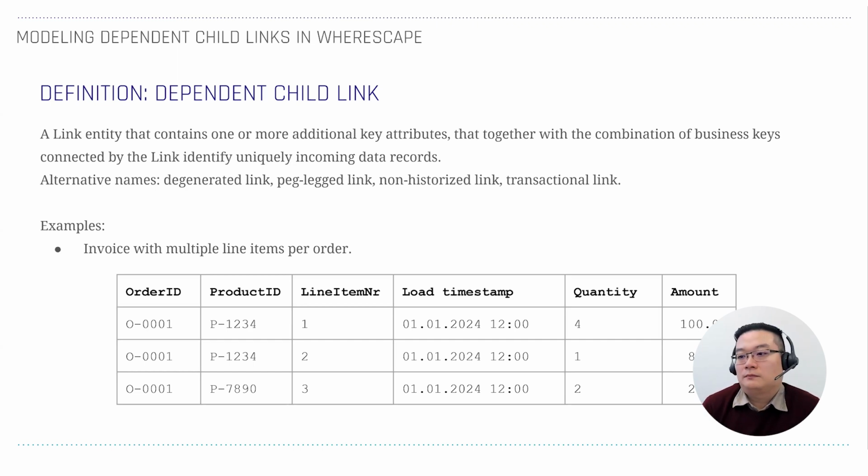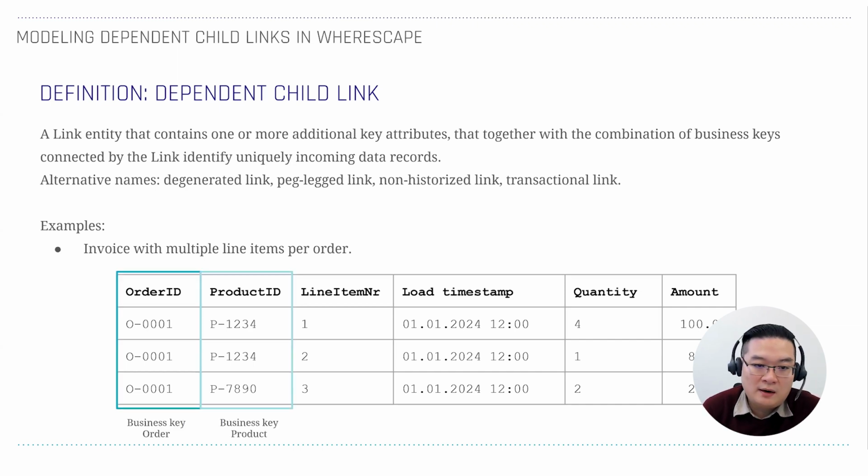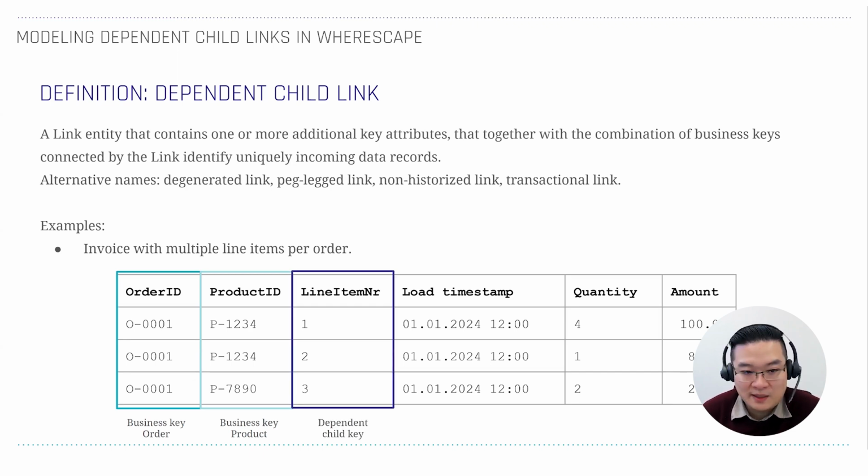So the example here, just one example that's very easy to follow, and it's also very common, is when you model invoices or order line items with multiple line items per order. So the business keys, or the hubs you could identify here, are order and product, and then you would have a line item number. So within an order, you would have a line item number.